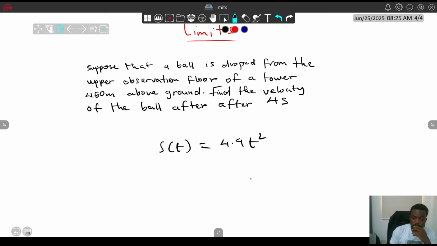Okay. So the problem here is we can find the distance at a point, but there is no change in distance, right? And we know that to find the velocity of the ball, we need to find the change in distance of the object. But here is the case: we have s(t), and after 4 seconds, we have s(4) equals 4.9 times 4 squared.